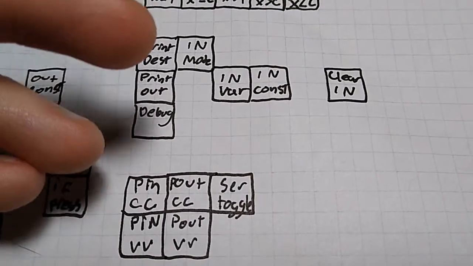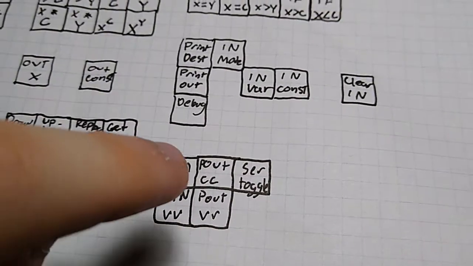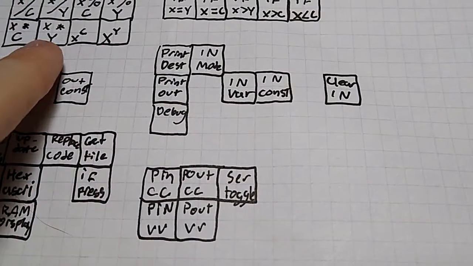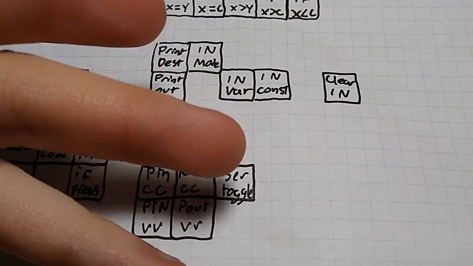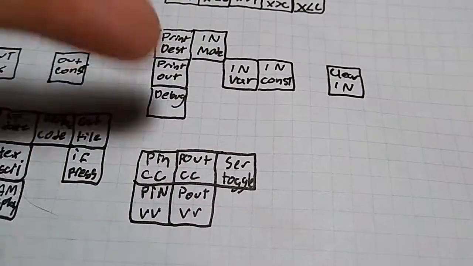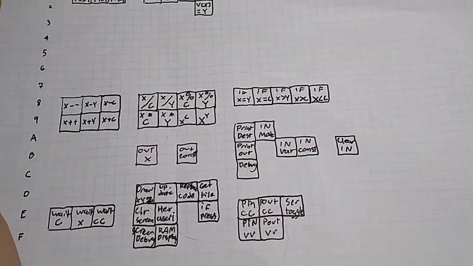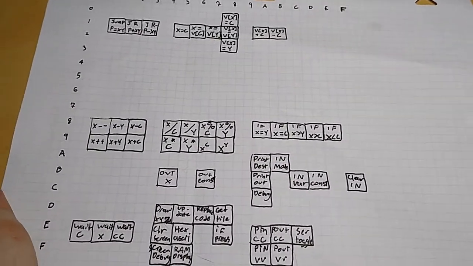For the graphics system specifically, the graphics Arduino needs to have pin 2 set to high in order to transmit data, and that's because it ends up speeding up the serial input. And that's pretty much everything for the current instruction set.